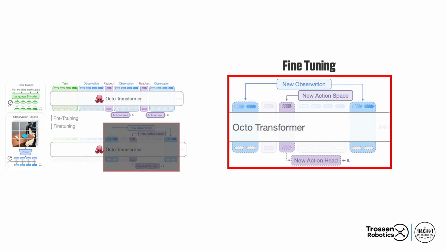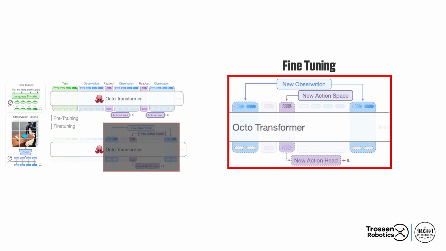What really sets Octo apart is its flexibility during fine-tuning. When adapting Octo to a new robot or task, the model allows for addition of new inputs or outputs without needing to retrain large portions of the network. For example, if you need a new camera or sensor input, you can simply add a new tokenizer and positional embeddings while keeping the rest of the model intact.